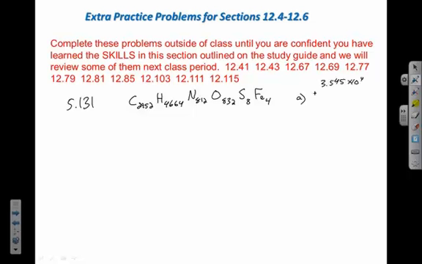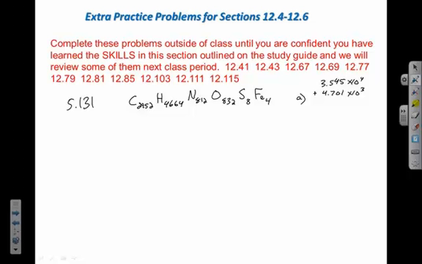I'm going to add to that the mass from the hydrogen, 1.008 times 4,664. So that's 4.701 times 10 to the third.